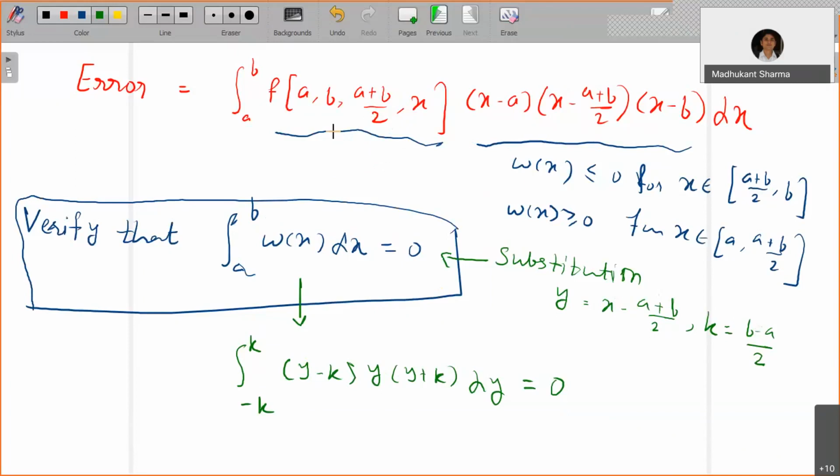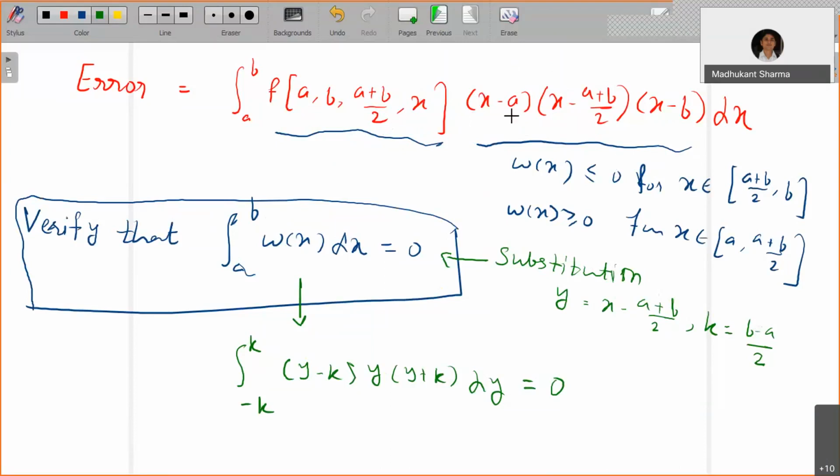So this is the same situation as when you write the expansion for sin x and cos x: you have only odd powers or even powers respectively. So here you are going to have an error term. This term will not contribute much, because the integral from a to b of (x minus a) into (x minus (a plus b) by 2) into (x minus b) is 0.